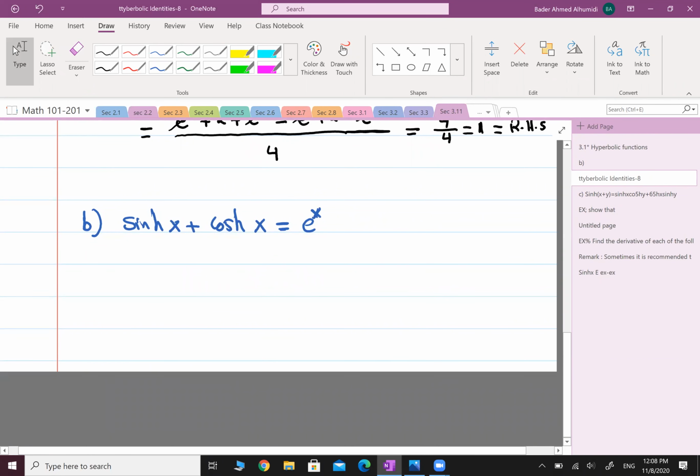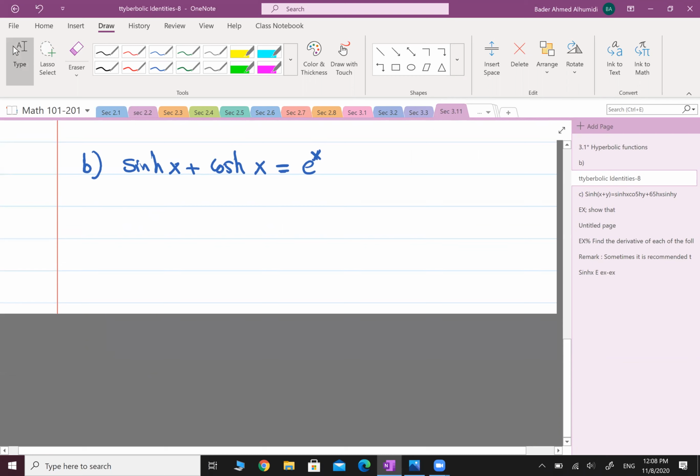Okay, let's go to another question. For example, hyperbolic sine plus hyperbolic cosine, we need to prove that this is equal to e to the power x. Very simple. Of course, the left-hand side is more complicated, so I will start with it. What is hyperbolic sine?